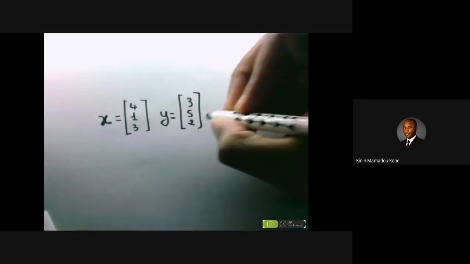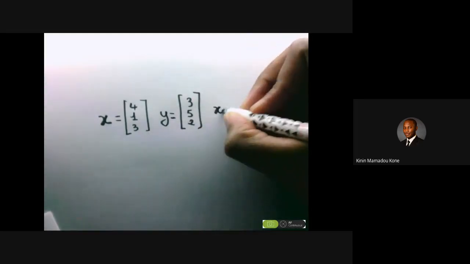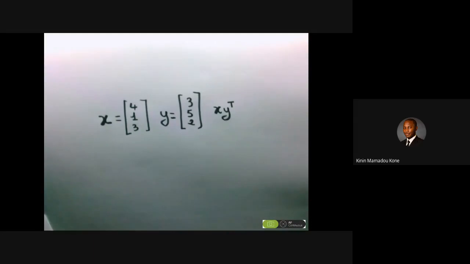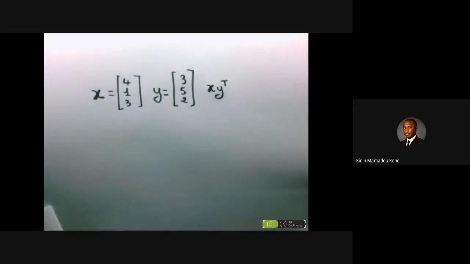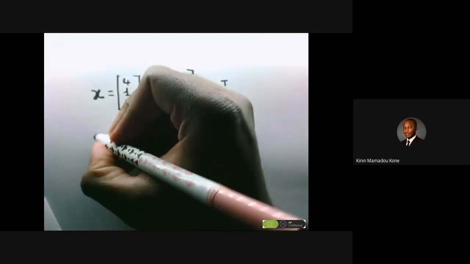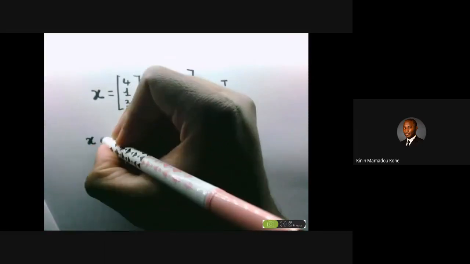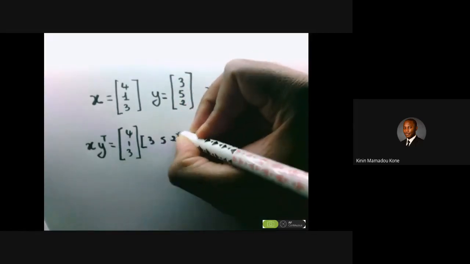And you're asked to find the outer product x times y transpose. So we can write x times y transpose equals 4, 1, and 3 times the transpose of 3, 5, and 2.